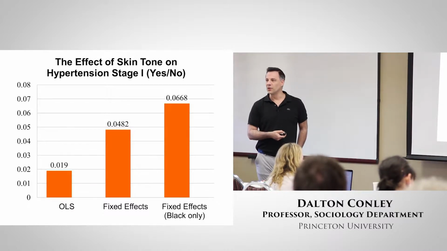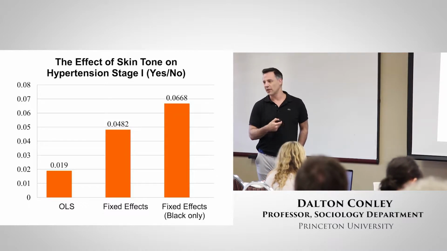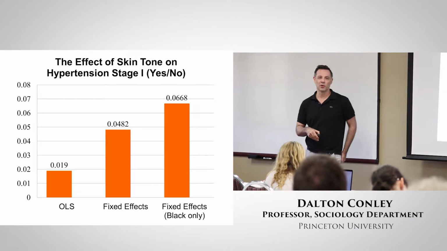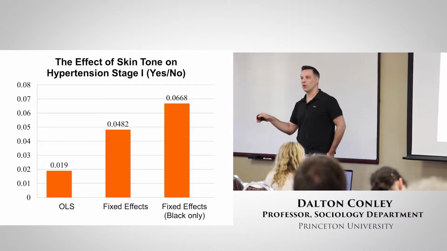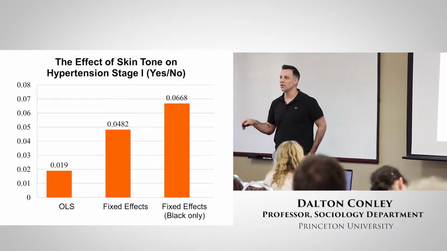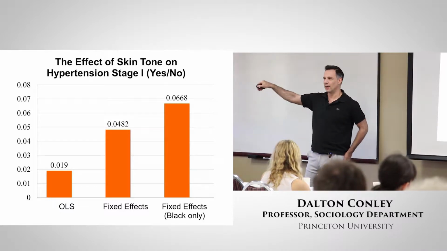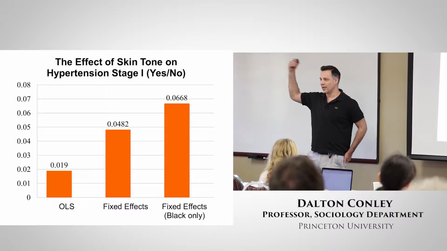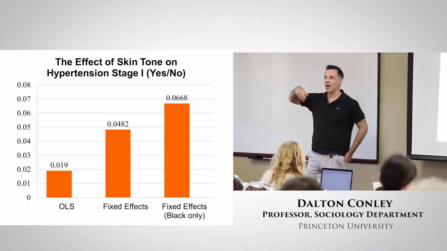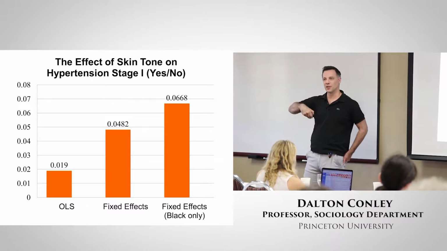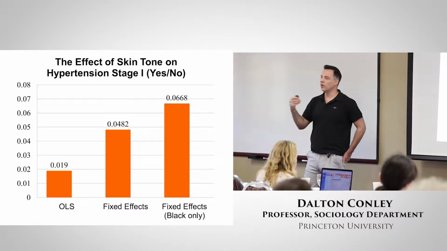There are two potential threats to this as a causal interpretation. As far as I know, there's probably more that I haven't thought of. But one is that behavioral differences result in skin tone differences. So let's say one sibling's a ditch digger and has a stressful outdoor labor life, gets more sun exposure, is darker, but it's the hard outdoor labor that's causing the hypertension. We can control for that.